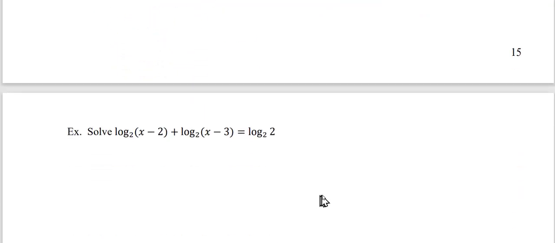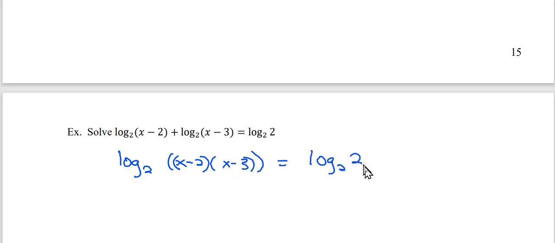Let's try this one. This is a little different than the previous one because I don't have a single log on each side of the equal sign equal to each other. This is where my property, where I can condense the logs, comes into play. The left-hand side of this can be rewritten as log base 2 of (x minus 2) times (x minus 3). The right-hand side, if you wanted, you could make that 1.